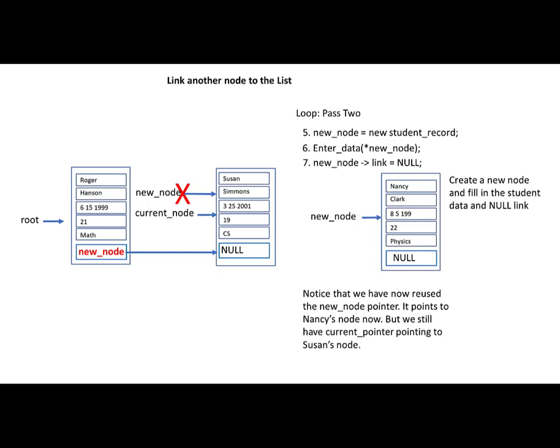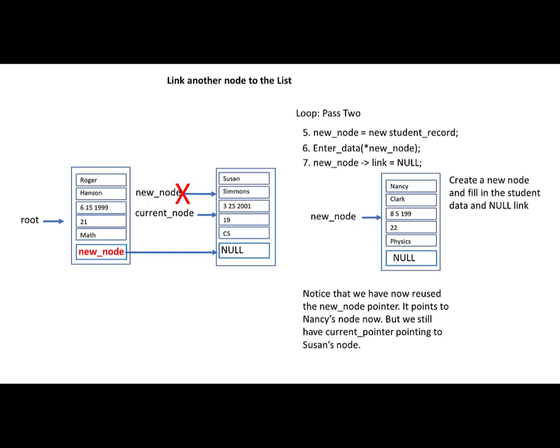We create a new node. When we do step number 5, new node wipes out the previous pointer that we had that pointed to Susan. Now, new node points to another node, which has to be filled with data. We call enter data number 6, and we type in data for another student called Nancy.